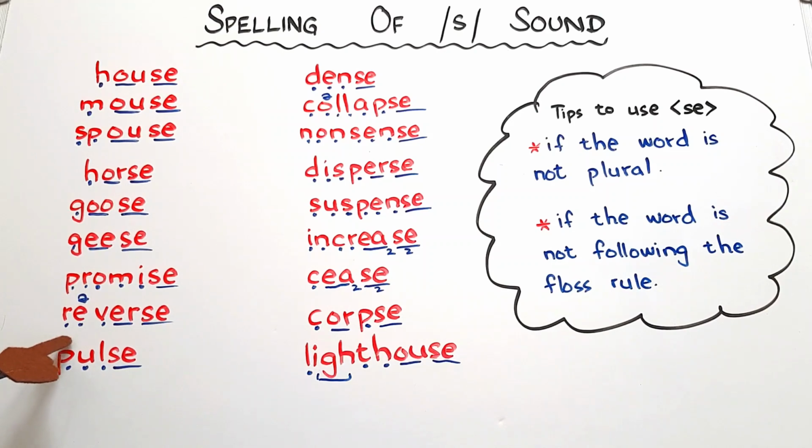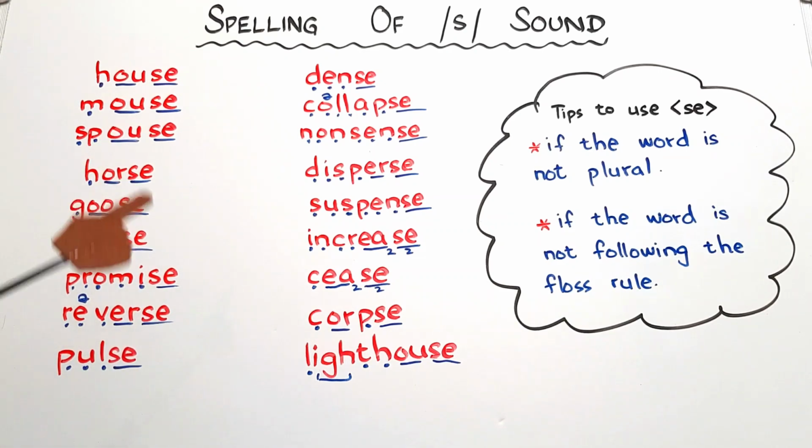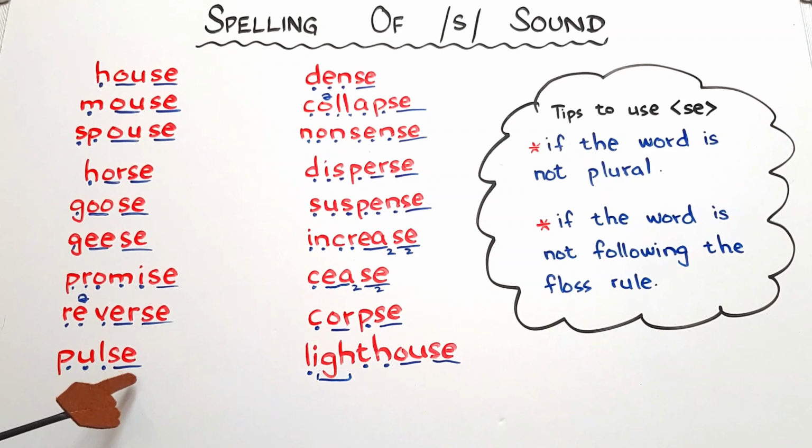Next word is reverse. Here you need to mention that the vowel is saying its schwa sound, so you will write it as re-verse, but you will read it as reverse. Okay, it's a swallowed sound of the vowel. It means to go backward. Then the word is pulse.